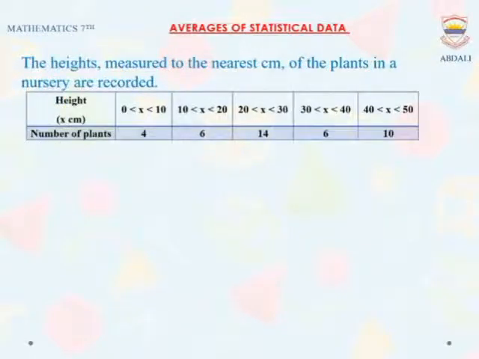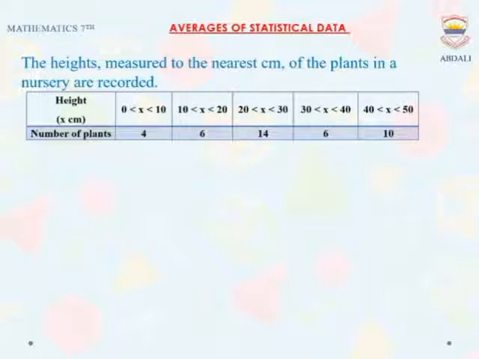So now the next question. Here we can see our data is grouped. Here the heights, measured to the nearest centimeter, of the plants in a nursery are recorded. We can see a grouped table here.